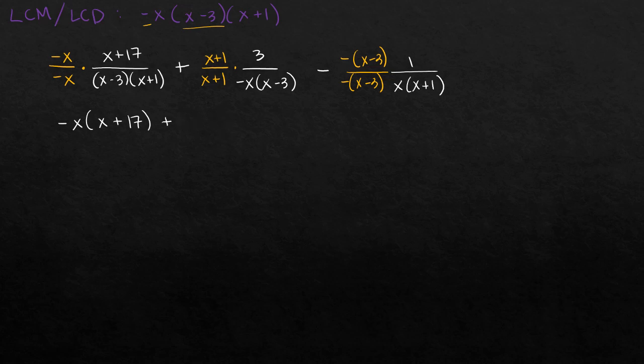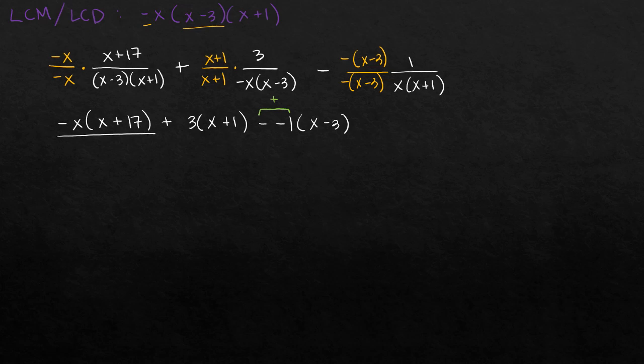I might put my 3 in front here though. 3 times x plus 1 minus, and let's see, I've got a negative minus a negative 1 times x minus 3. Hopefully we're seeing right off the bat that this minus and negative is going to result in a plus sign. So we'll actually be saying plus 1 times x minus 3. Okay, so that's my very complicated numerator right now.